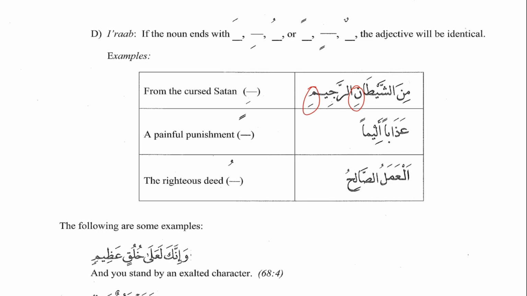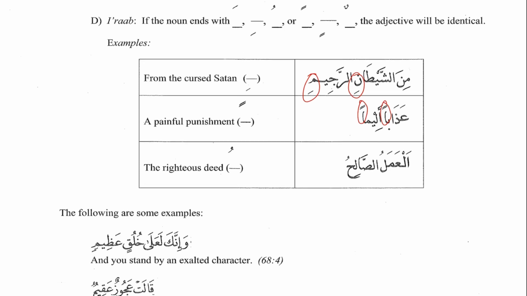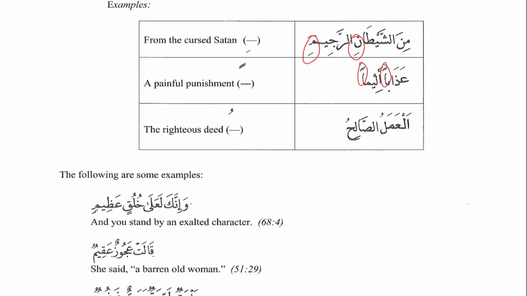Azaban aliman, right? So again, the last letter of both the isms also has the same i'rab. And al-amalu as-salihu. So they both have the same i'rab, and they're both definite, al-amalu and as-salihu.